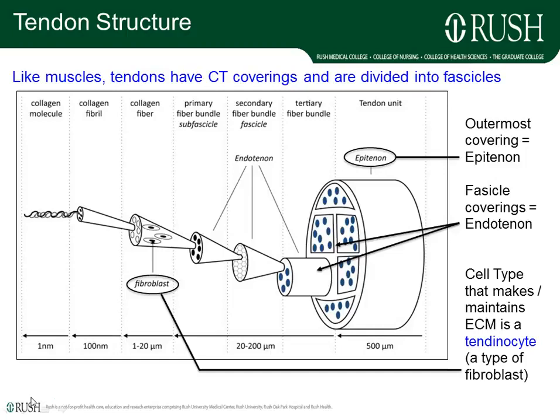So all the fascicle coverings we're going to call endotenin, whether they are primary, secondary, or tertiary, and you don't have to worry about those, all right? Remember that the cell type is a tendinocyte, makes all of the ECM that makes up the mass of this tendon, and that's a type of fibroblast.